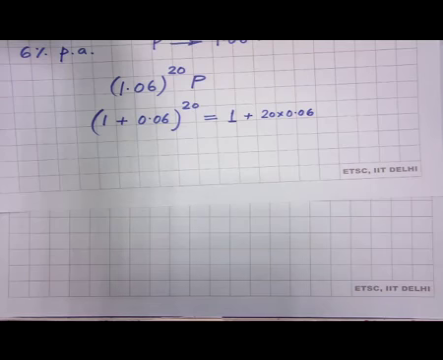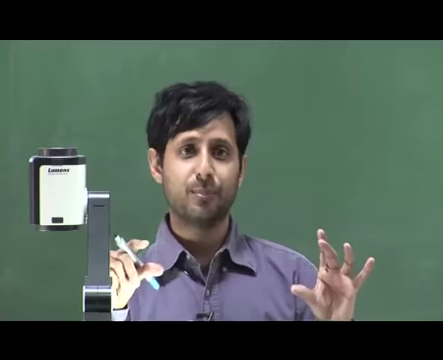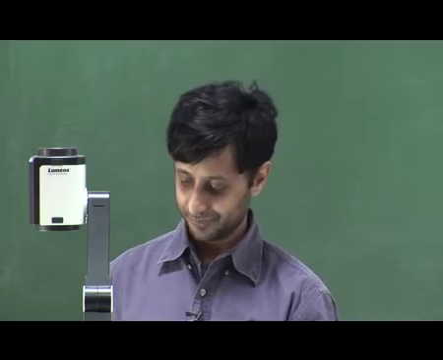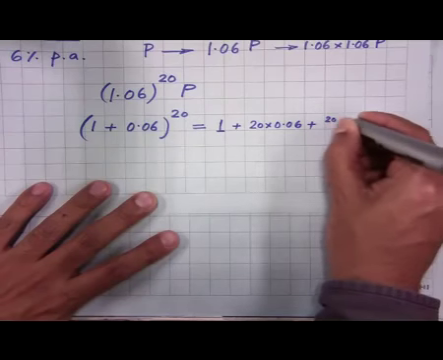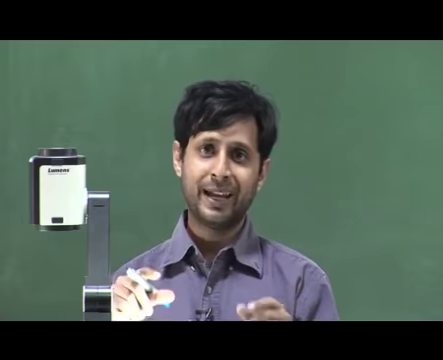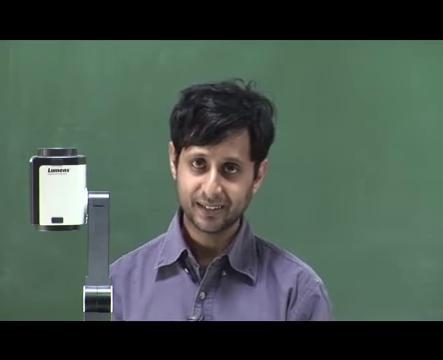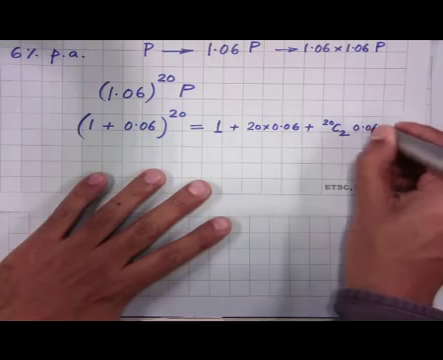Then what do you do next? You are going to pick any 2 of the 0.06s, remaining 18 should be 1s, right. How do you pick 2 of them? So, you do 20C2. There are 20C2 different ways of picking 0.06, right, and the remaining will all be 1s.